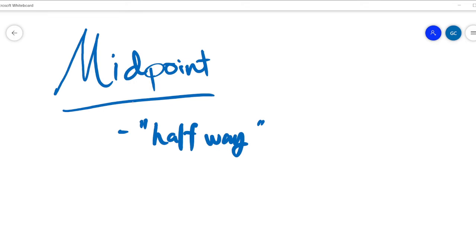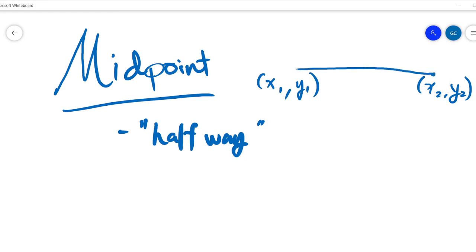So if you consider, let's say, x1, y1 and x2, y2, and we draw a line segment between those two, we can locate another point in between.